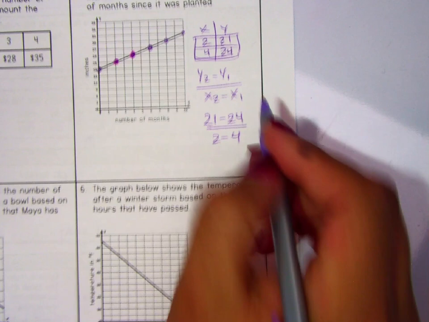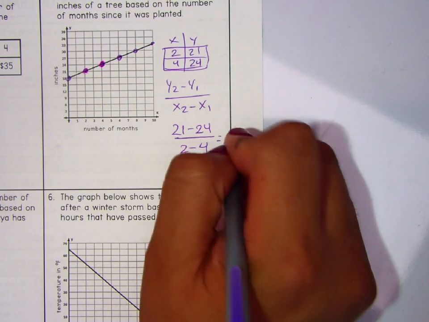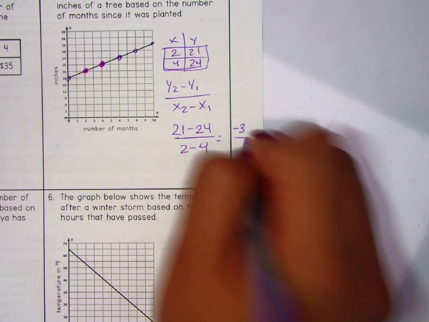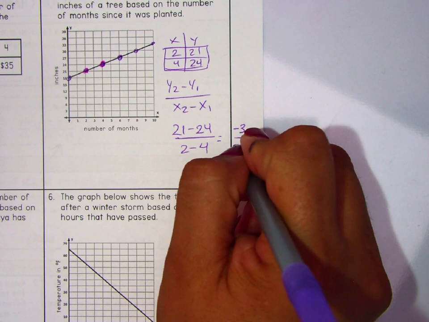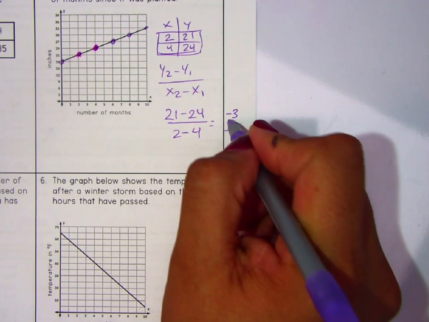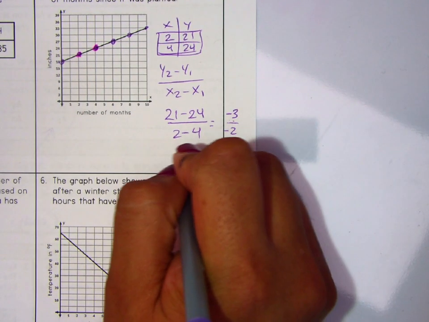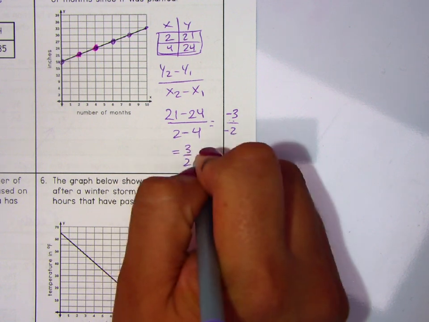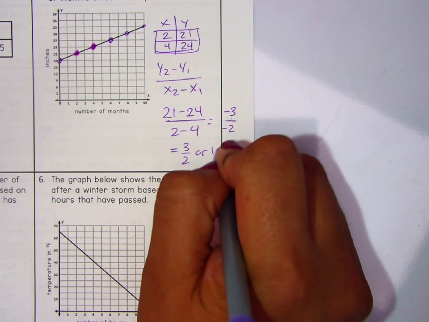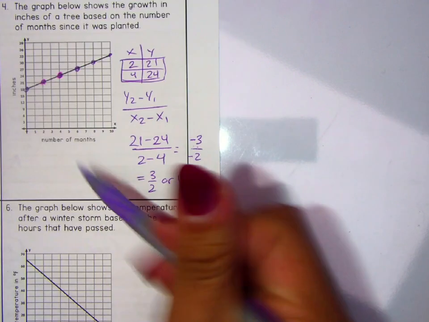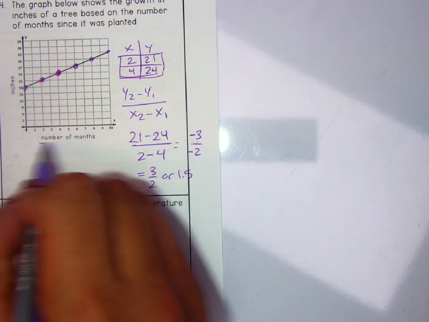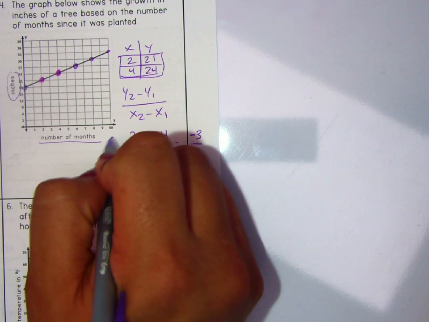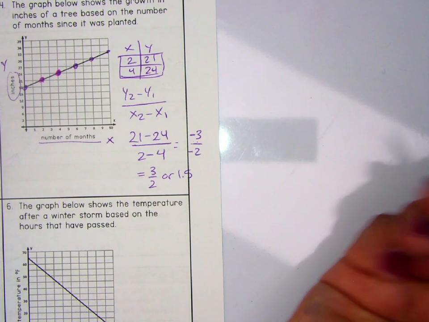Here, you could just do the math in your head. 21 minus 24 is negative 3. And then 2 minus 4 is negative 2. Negative divided by negative is positive, so that leaves you with 3 over 2, or 1.5. So going back to the scenario of what this means, it's number of months and inches. X is your number of months, Y is your inches.